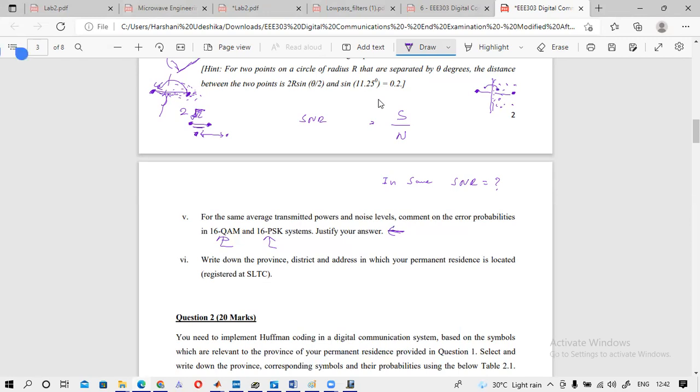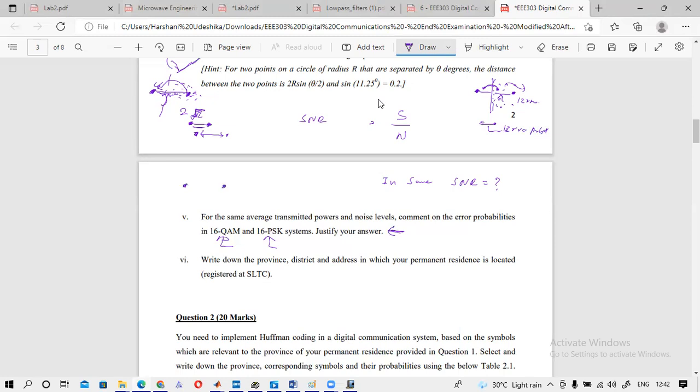The point in this area can be shifted to this area, so it makes an error. So you can say that if the distance is low, the error probability is high.